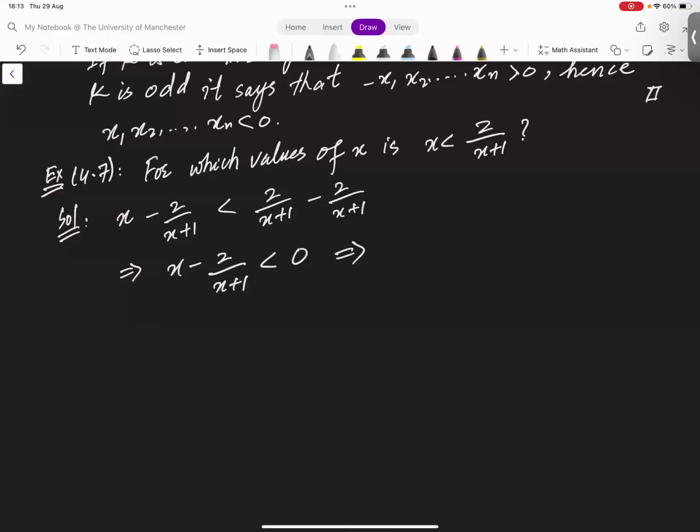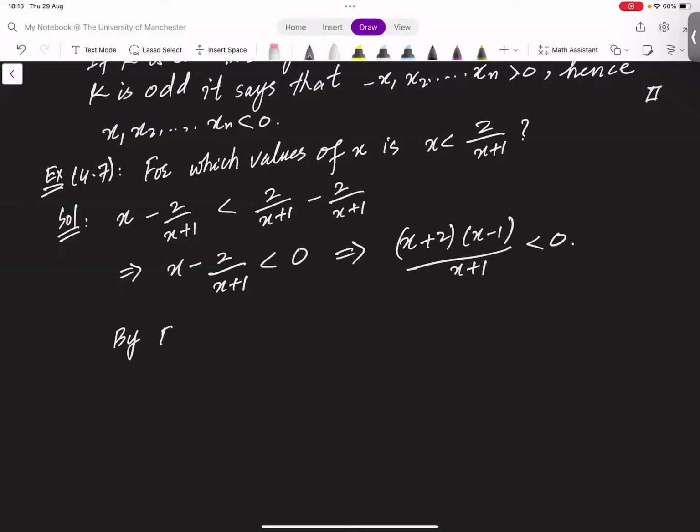Now, what we can do is write this as (x plus 2) times (x minus 1) over (x plus 1), which is less than 0.